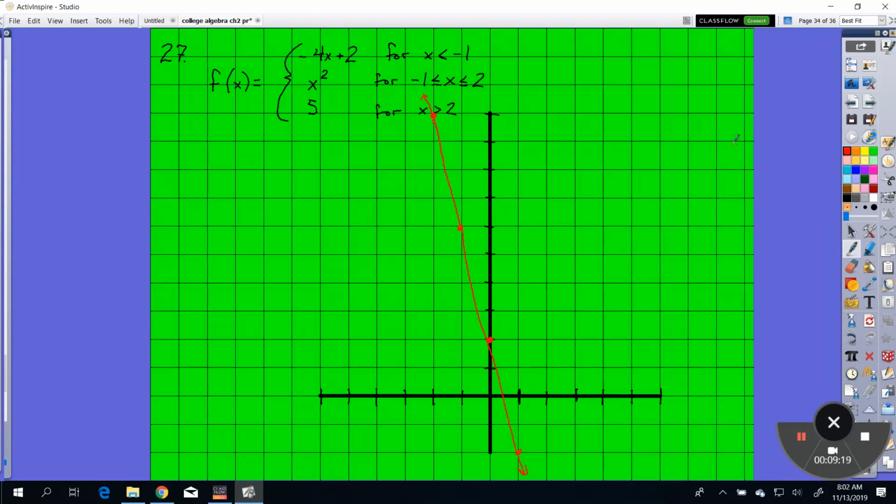Now x squared. So far I have not even worried about the rules on the right hand side. I've just gone ahead and graphed it without any regard to rules. 3 squared is 9, so that's 4, 5, 6, 7, 8, 9. Some symmetry going on here.